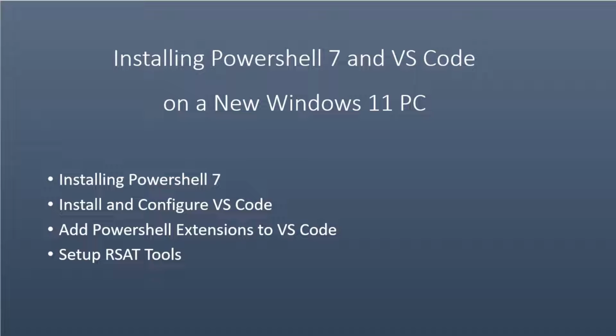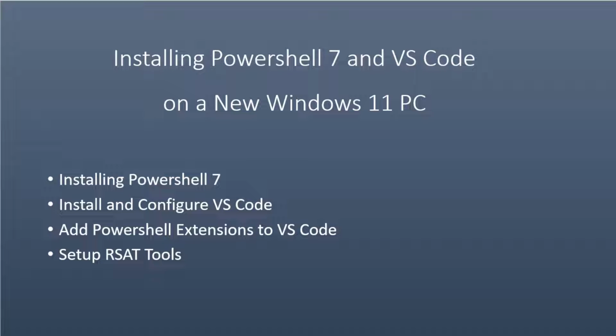Now you might be thinking, well, you're doing PowerShell. Why do you want the RSAT tools? Well, that's a way to get the PowerShell modules for a lot of these technologies. So if I want the Active Directory PowerShell tools, if I want the DNS tools, the DHCP tools, and so on. So we'll have a look at where that is in Windows 11.